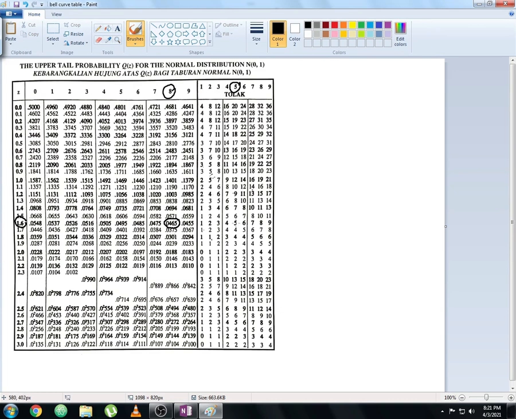When you intersect over here, this is the 5 that you need to subtract from the last digit over here. So from here, 0.0465, and then you subtract the last digit over here. So you should get 0.0460. That is the required probability, guys.